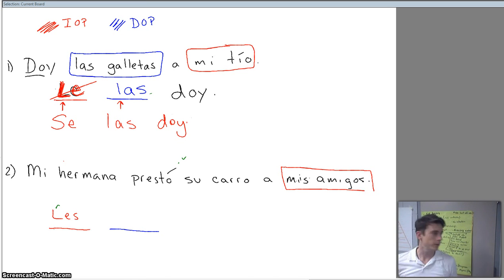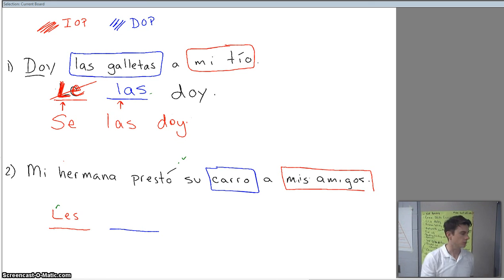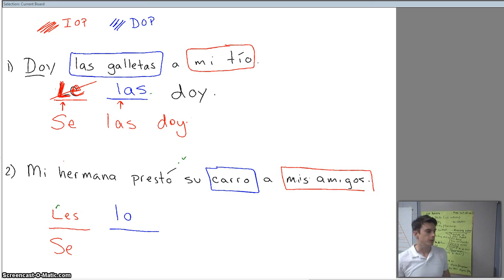What is it that is being loaned to the friends? Well, it's the carro, singular, masculine. So the correct DOP would be lo. But I just told you can't have L and L. So we must change les to se. Alright.